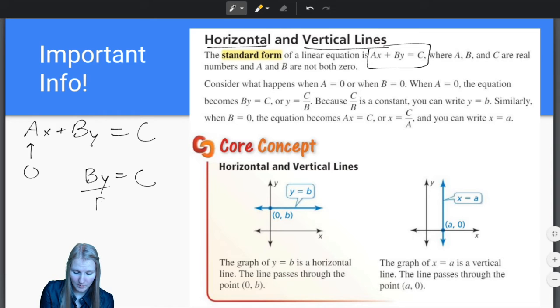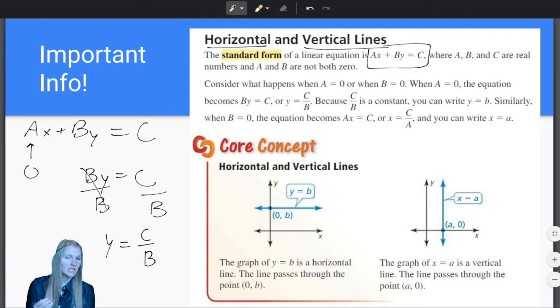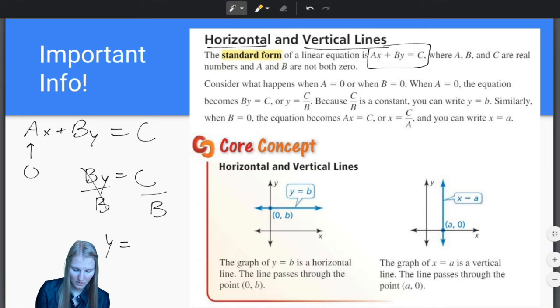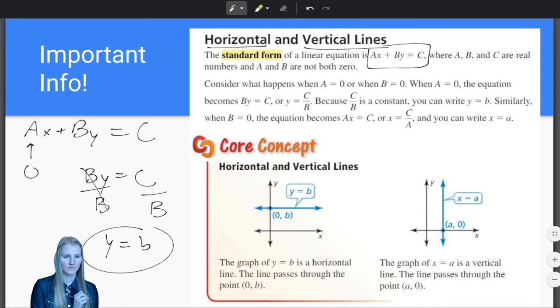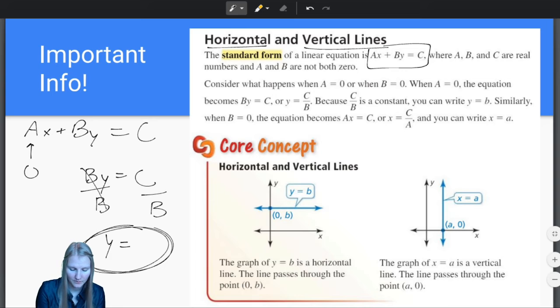And if you divide by b on both sides, we get y equals c over b. So if a is 0, you get y equals lowercase b, and that's just some number, right?